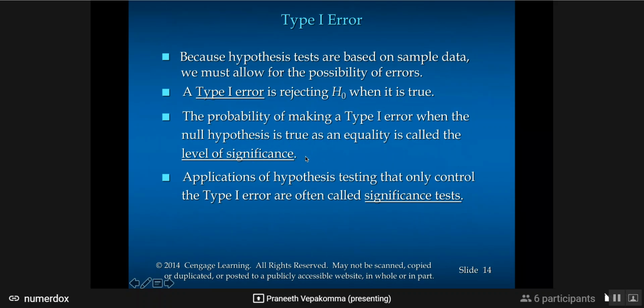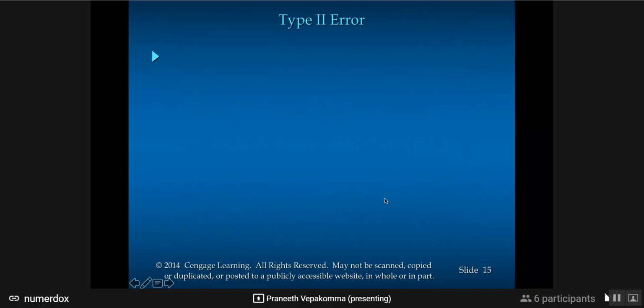It is also denoted by the symbol alpha, which means if your alpha is 0.01, your chance of making a type 1 error is very low. If it is 0.9, it means very likely 90% of the time you're committing a type 1 error. So better not go with that methodology or those computations. Applications of hypothesis testing that only control type 1 error are called significance tests.